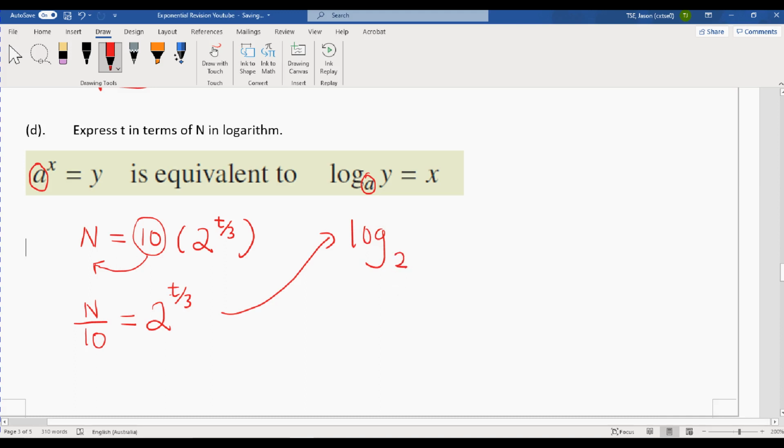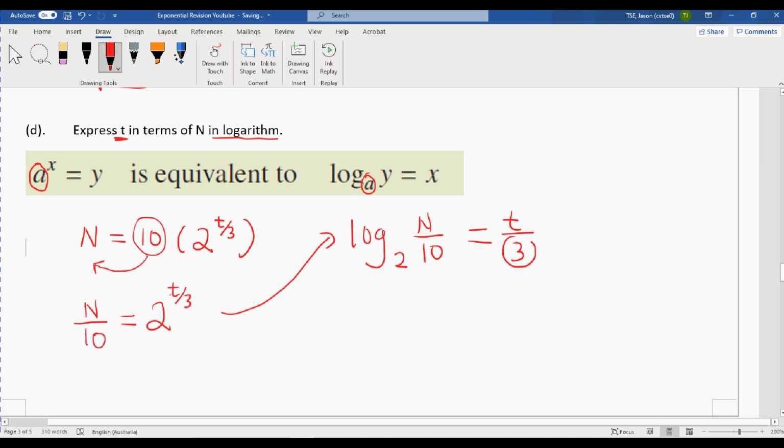What should be the y inside the logarithm? It should be the result of that exponential function, which in this case is n over 10. So just put n over 10 into the logarithm, and that equals the index, which is t over 3. Are we done now? No, because in the question I express t in terms of logarithm, so you must only see t on one side.